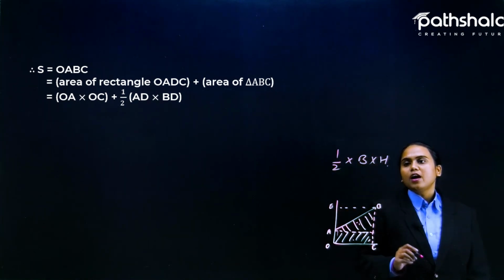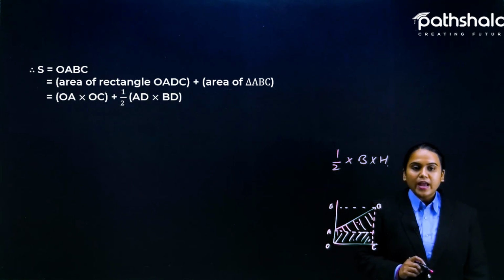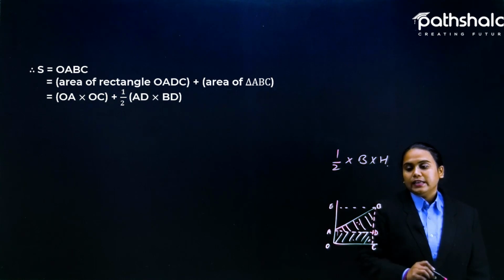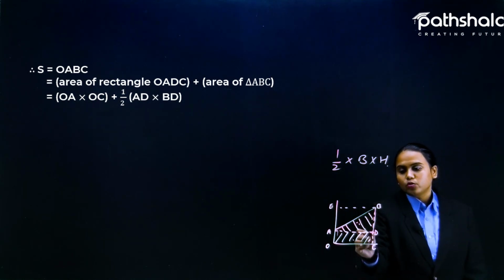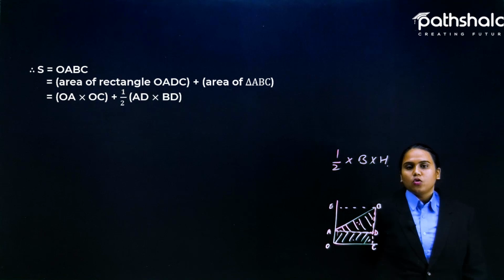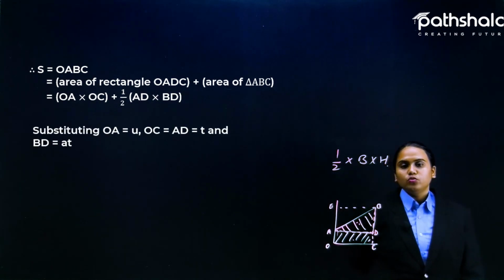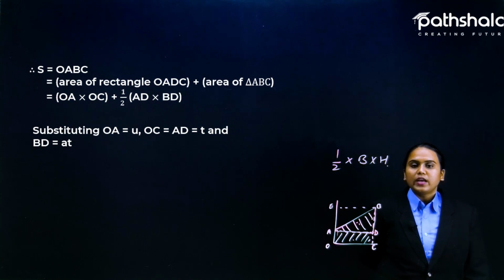This is the area formula for the triangle. Here AD is the base and BD is the height. So substituting, OA is equal to u, OC equals AD equals t, and BD equals at.